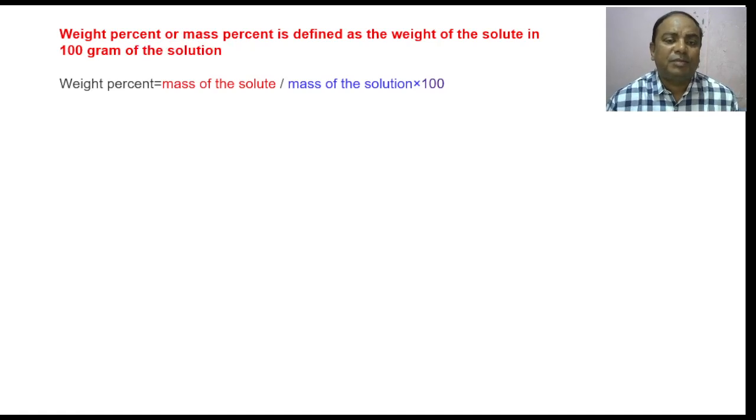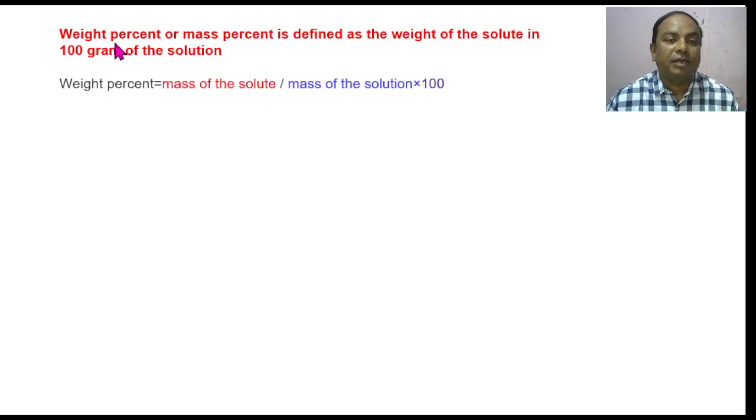Sometimes you may know the mass of a solute, sometimes the total mass of a solution. So if you want to calculate the weight percent or mass percent, how would you do this? There is one simple formula with which you can convert the mass of a solution into the weight percent.